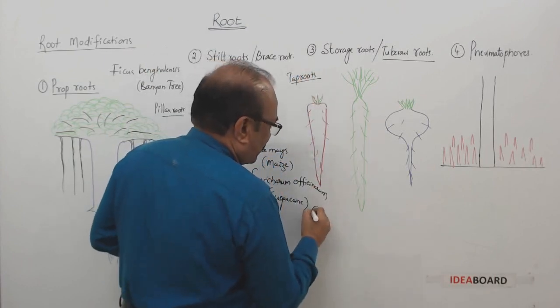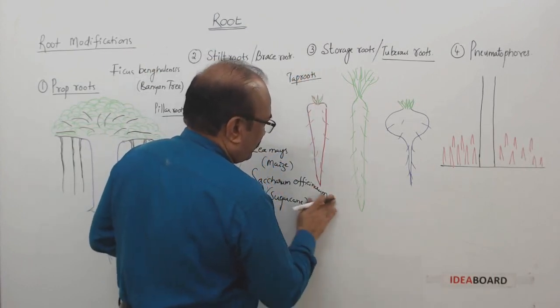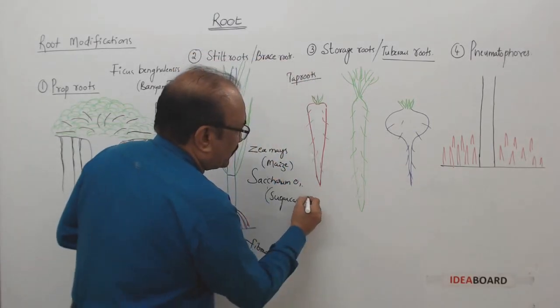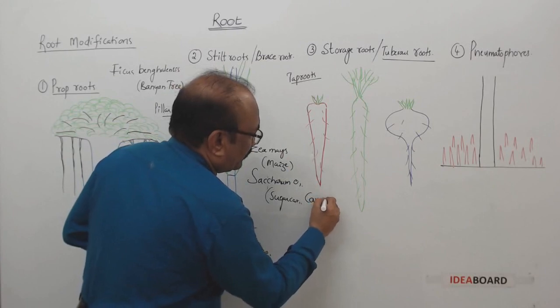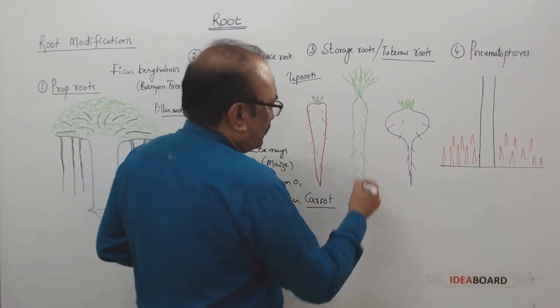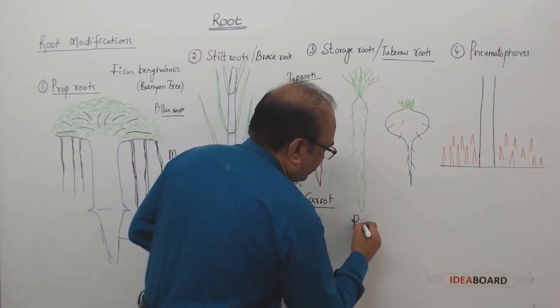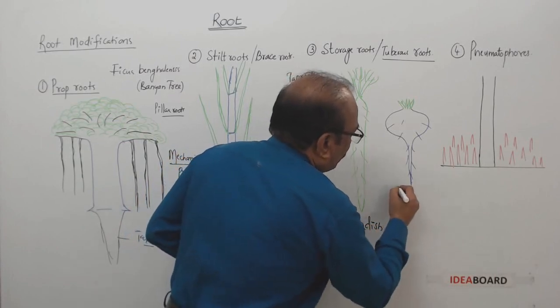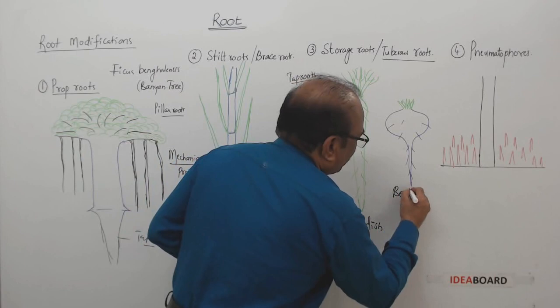This is carrot, this is radish, and this is beetroot.